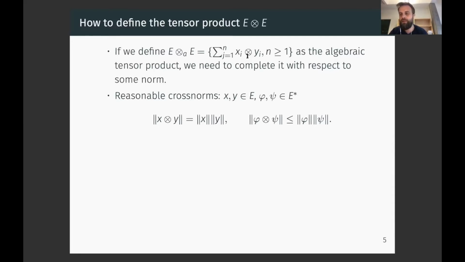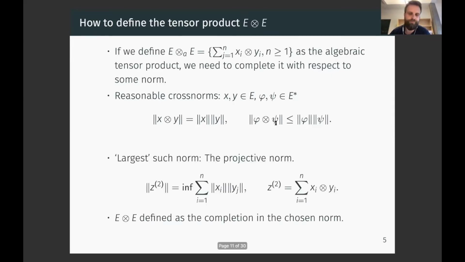The standard idea to get something well behaved is to assume that your norm on the tensor product is what is called a reasonable cross norm, meaning that if you take the tensor product of two things, its norm is the product of the norms like this. And the same relation holds if you use the operator norm on continuous functions.